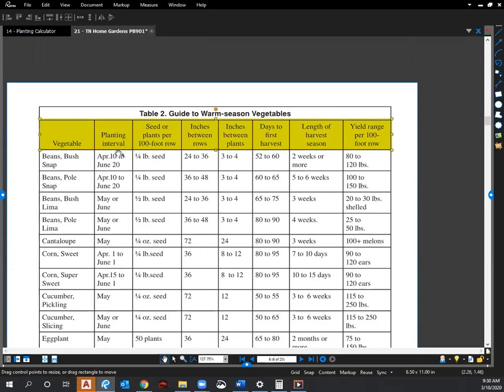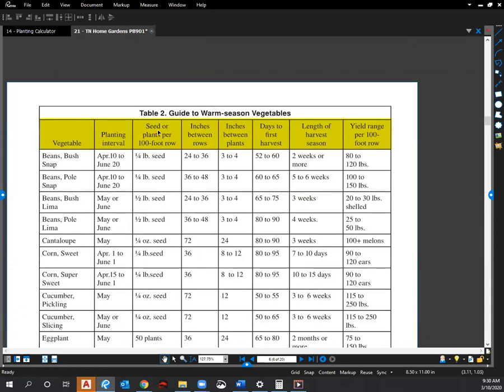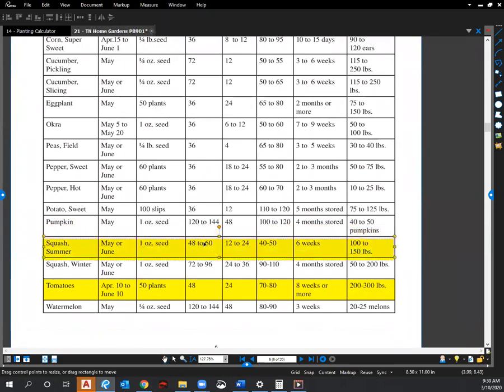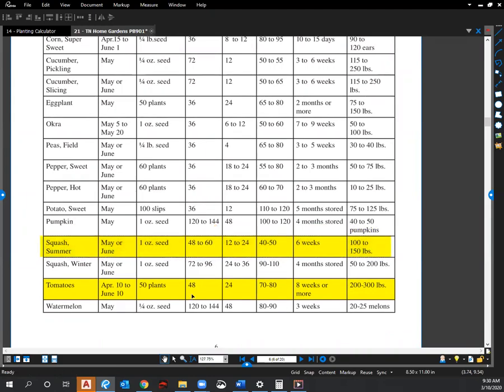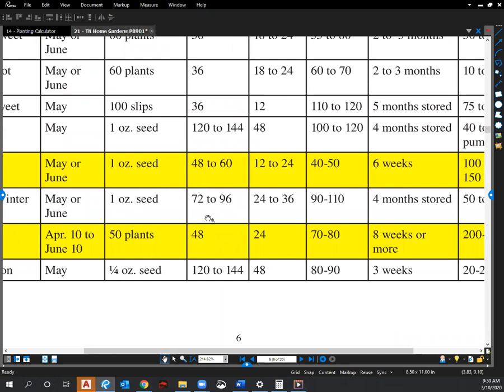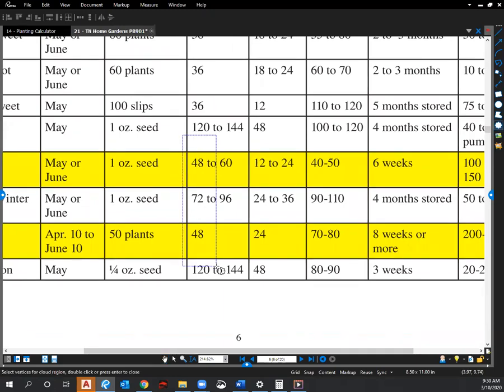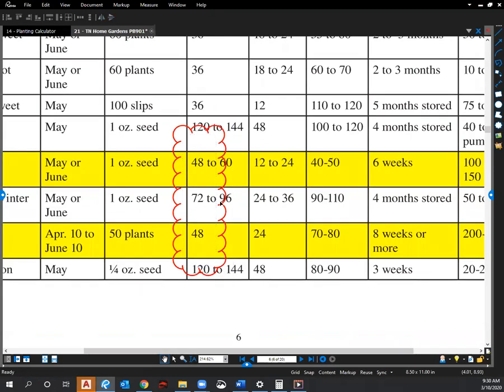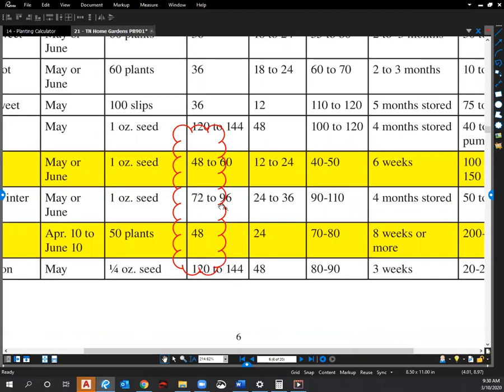Vegetable or planting dates, seeds needed per 100-foot row. That's important. Inches between rows. If we look at tomatoes and zucchini, we can see that they're both 48. Zucchini's even more. So definitely only one row in our beds.